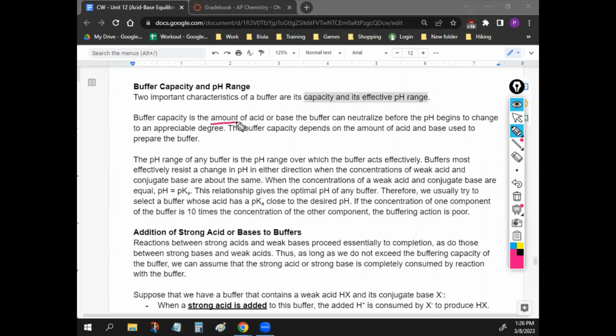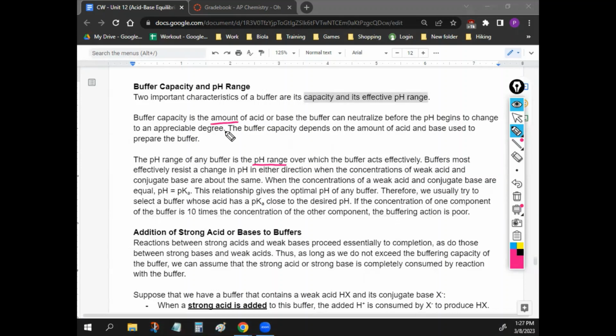It's basically the amount of acid and base that it can neutralize before pH starts changing rapidly. So how much acid or base can a buffer take before the pH starts going wild? The range is the pH range, as the name suggests, where the buffer can actually work effectively.